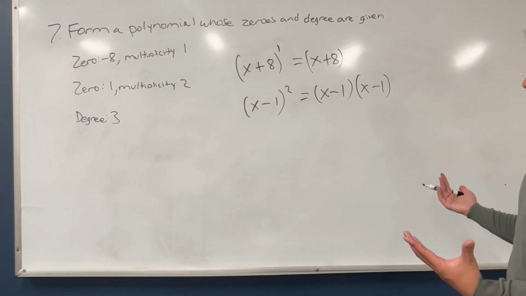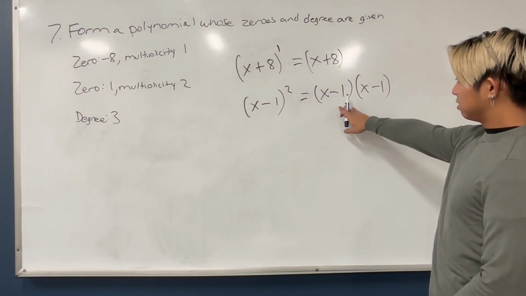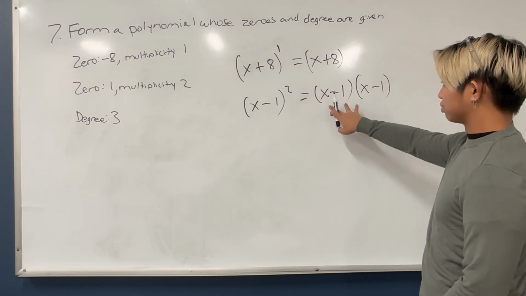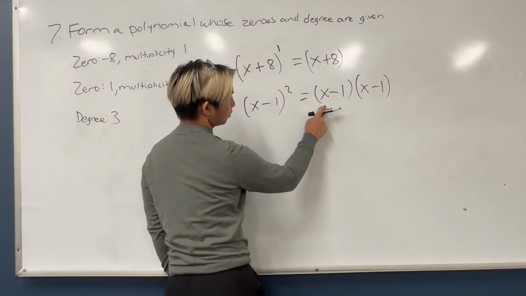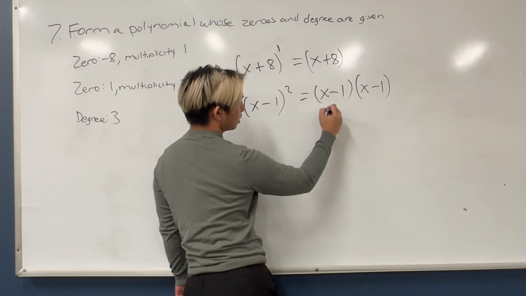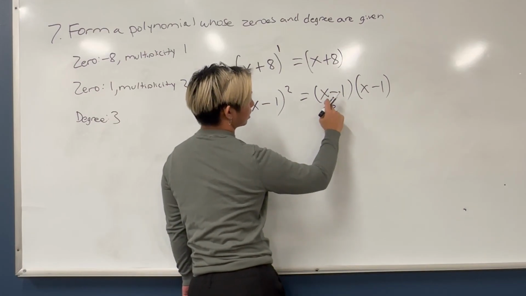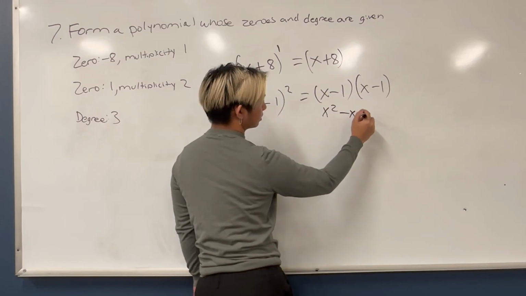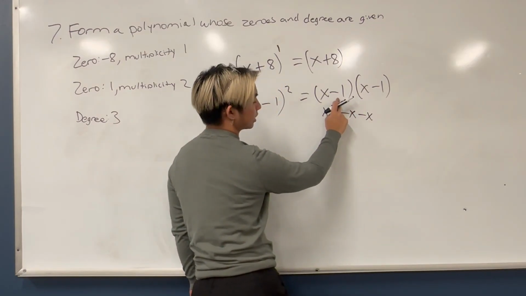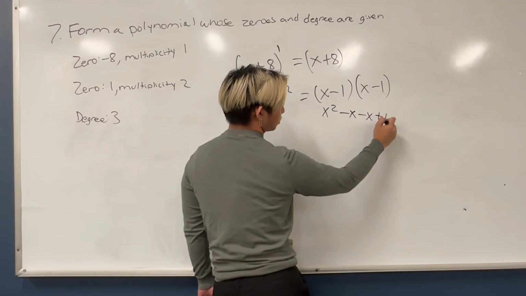So what do I do now, right? I would FOIL this, because we have a parentheses. So x times x gives me x squared. X and -1 gives me -x. -1 and x gives me another -x, and then -1 times -1 gives 1.